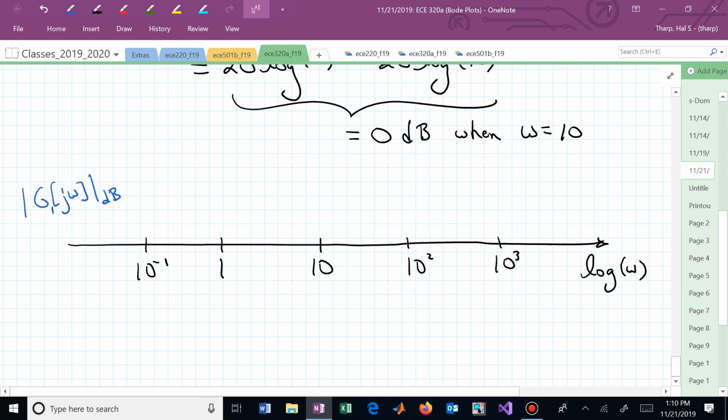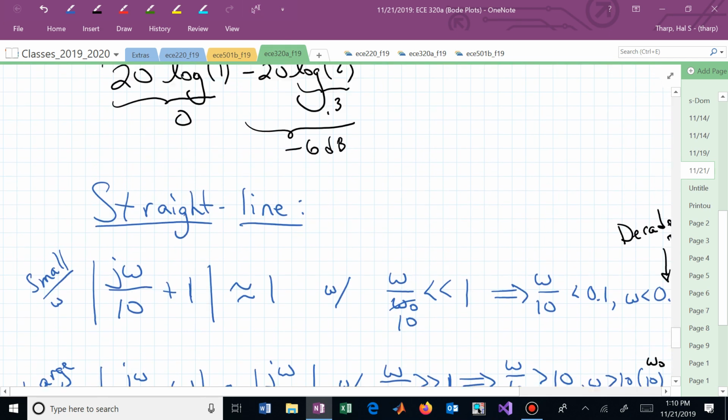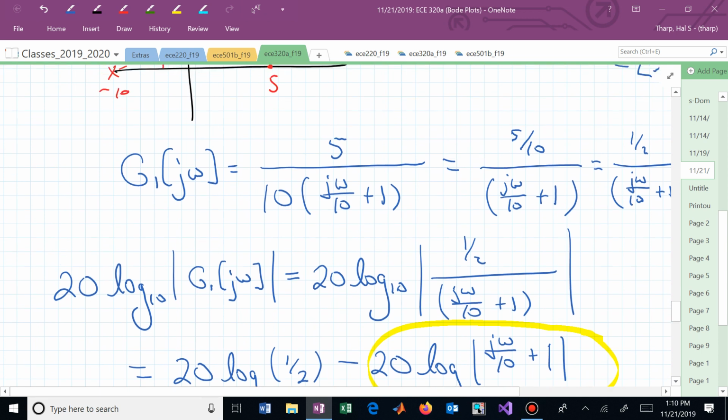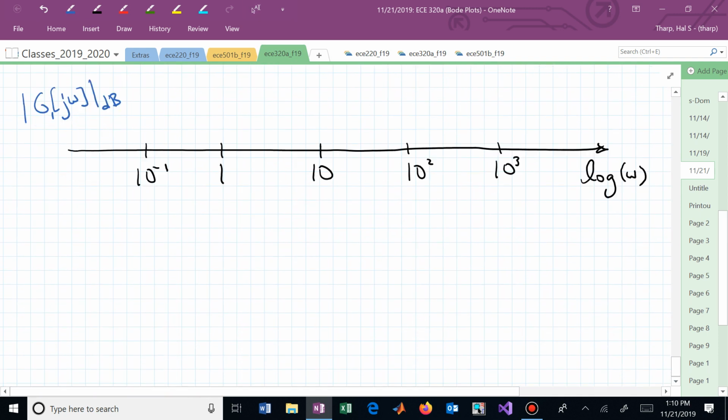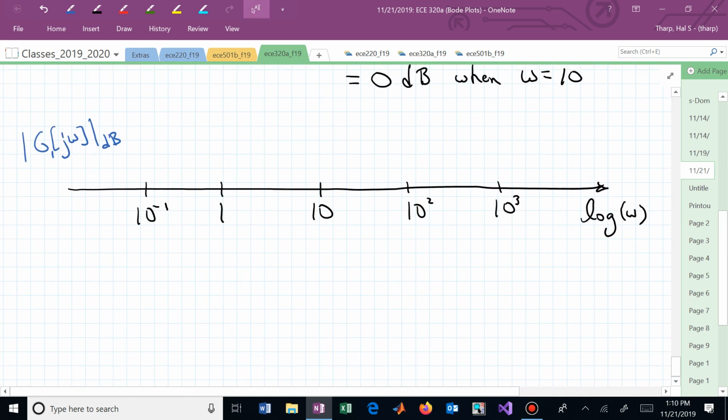Straight line approximation. What am I focusing on here? Another reason for writing it in time constant form. Now you're focusing on that break frequency of 10. That's where things happen. Much bigger than that, you're sloping. Smaller than that, you're 0 dB.